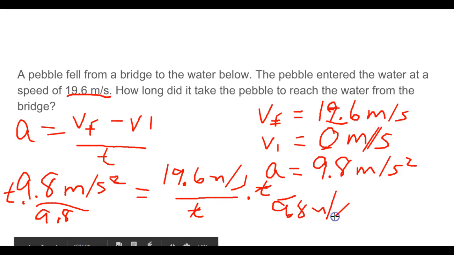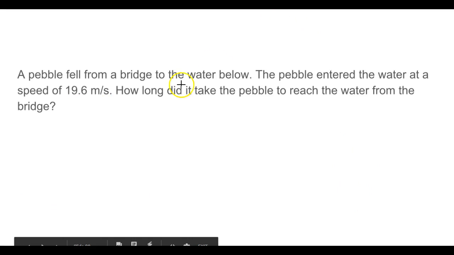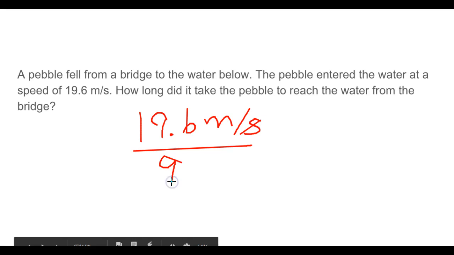Oh, sorry. Let's try that one more time. Second squared. And when I do that, 19.6 meters per second divided by 9.8 meters per second squared.